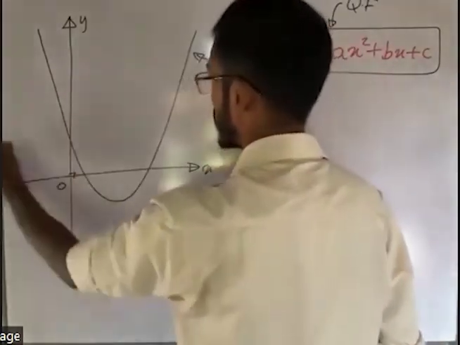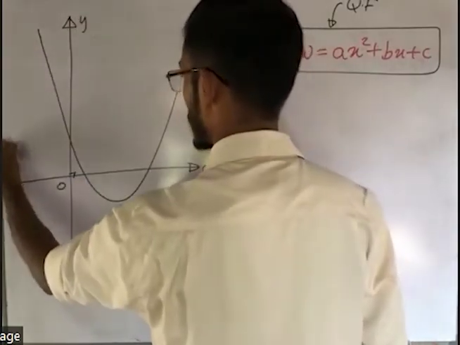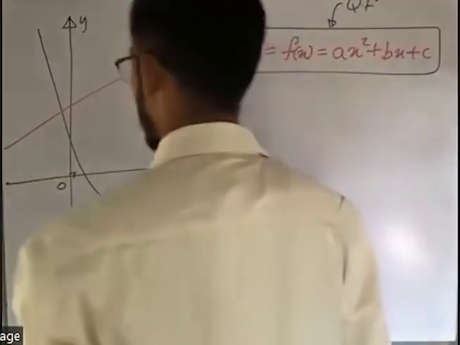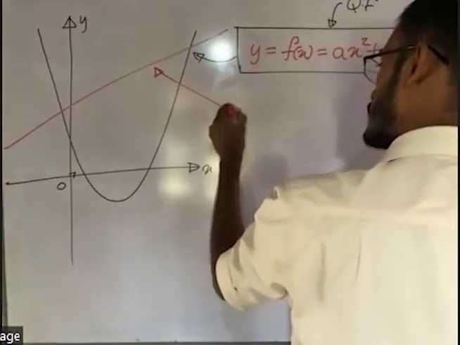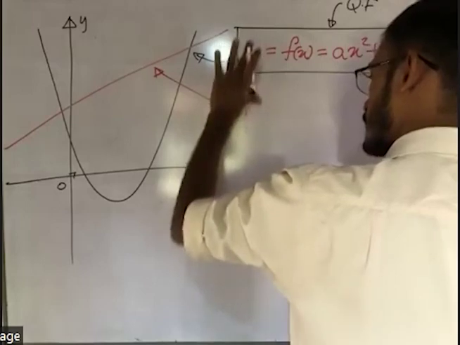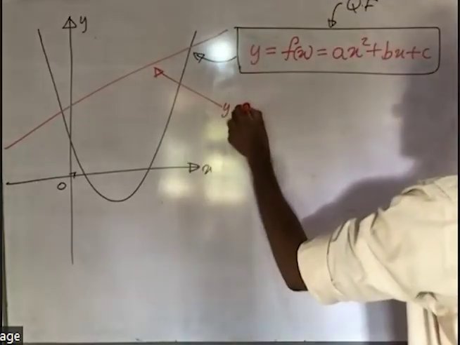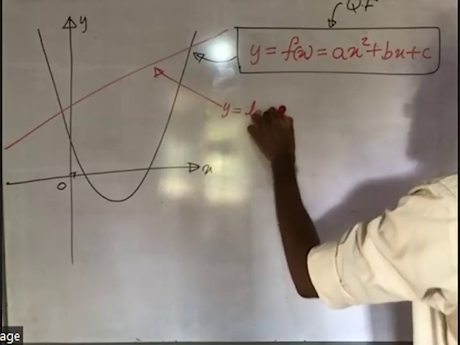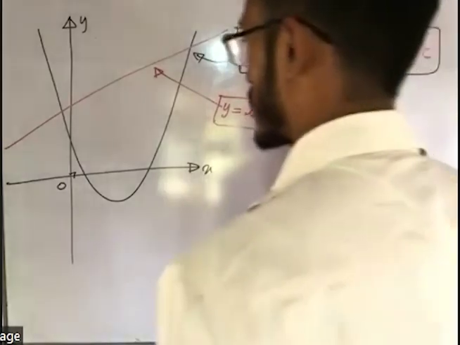I can name this straight line y equal to lx plus m. So this is a straight line, y equal to lx plus m.